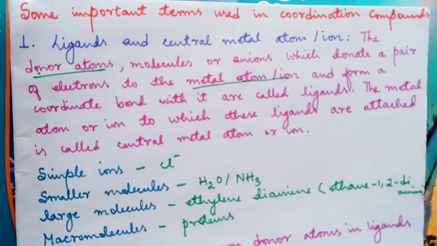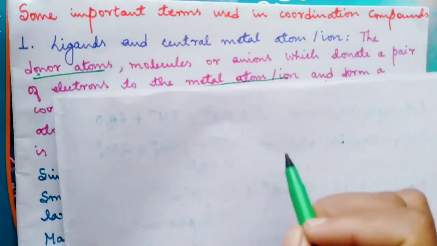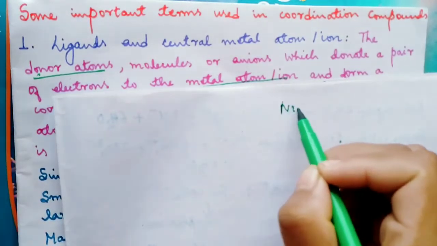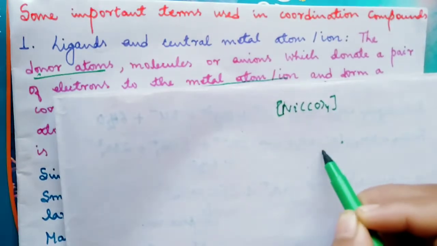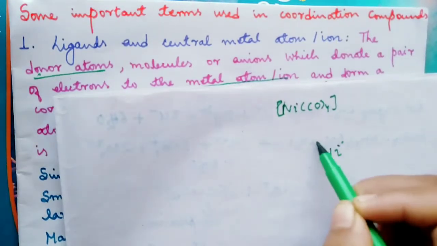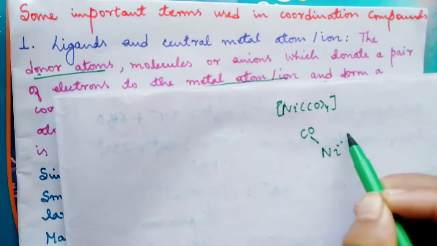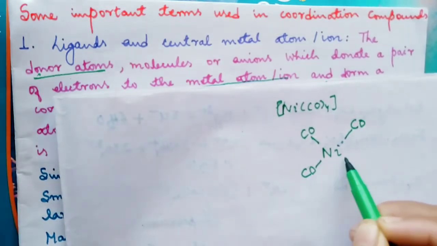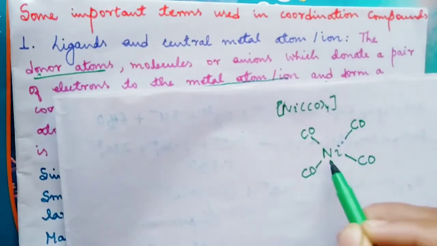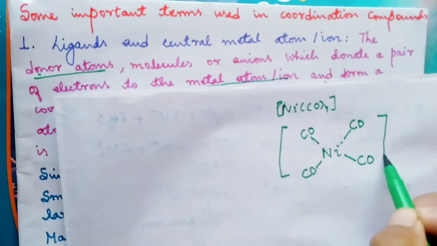For example, nickel tetracarbonyl. Nickel is the central metal atom. CO molecules are the ligands. They donate a lone pair of electrons to the central metal atom.